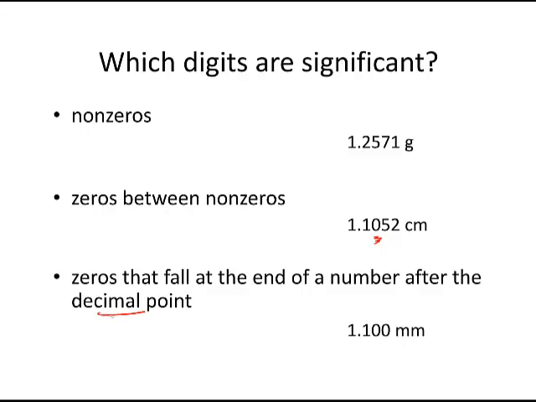If we have zeros that fall at the end of the number after the decimal point, these are also significant. For example, if we report a measurement as 1.100 millimeters, we are saying that we have made this measurement and that this measurement falls, to our best estimate, between 1.099 and 1.101.